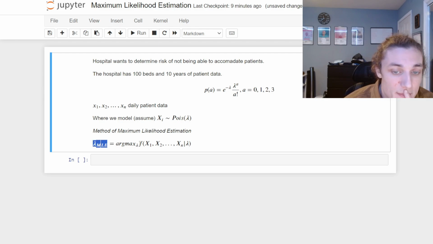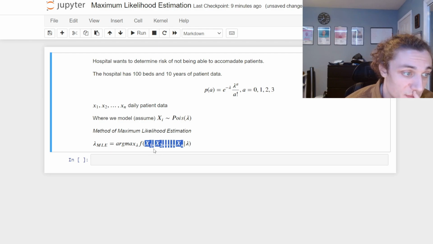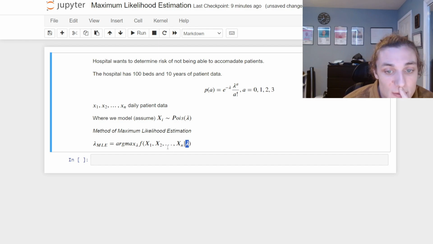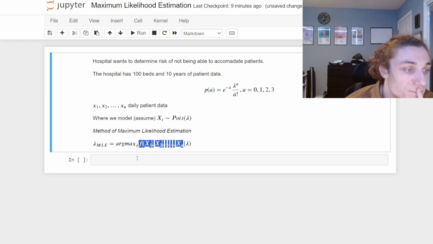Okay, so this is our maximum likelihood estimate right here, lambda, and we're saying to find lambda, we want to maximize the probability associated with the realized random variables, but here we're using the random variable interpretation, capital X, not our data, so that we can derive the estimator given a particular lambda. Okay, and that lambda is going to allow us to maximize this function of all of our random variables. Why do we want to maximize it?